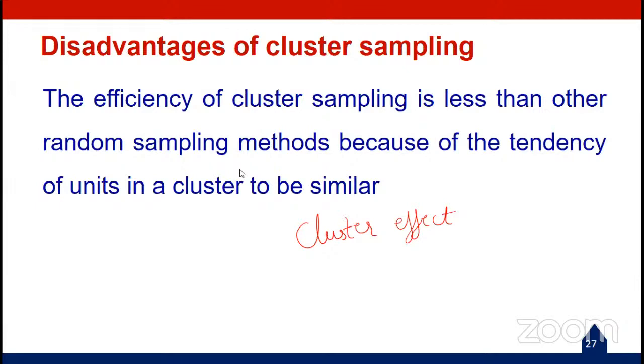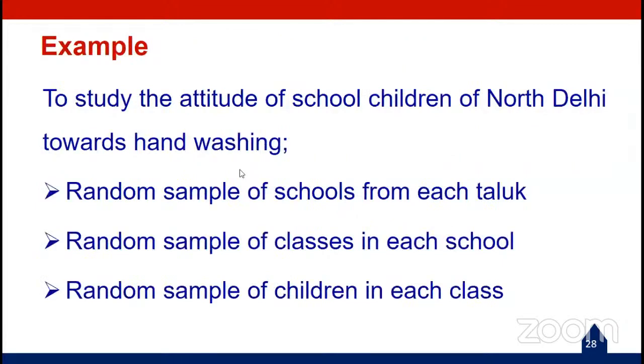And to prevent this, as a precautionary measure, we take an increased sample size if we are using cluster sampling. We deliberately increase the sample size. I will tell you more when we are doing the session on sample size computation. So I will move on to the next sampling method.